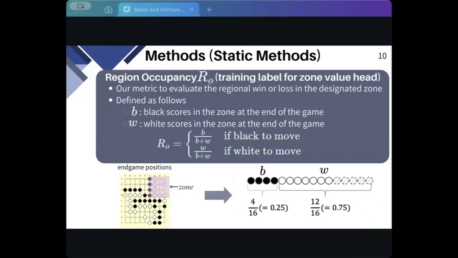Region occupancy is calculated as the ratio of the score at the end of the game within the designated zone. As the score in the zone increases, the region occupancy also increases. For example, suppose we are black and the designated zone is the upper right area of the board. If the endgame position looks like the one in this figure, the region occupancy for black is 0.25.